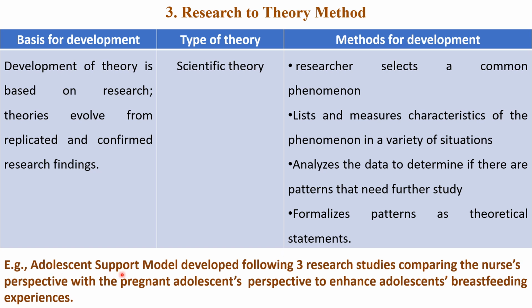An example is the adolescent support model, which was developed following 3 research studies comparing the nurse's perspective with the pregnant adolescent's perspective to enhance adolescents' breastfeeding experiences. So this model was developed after many researches.